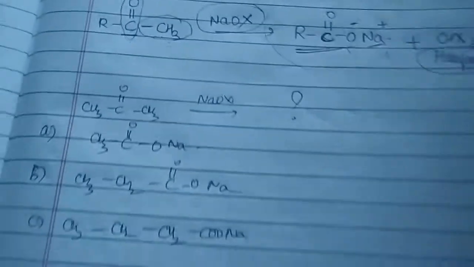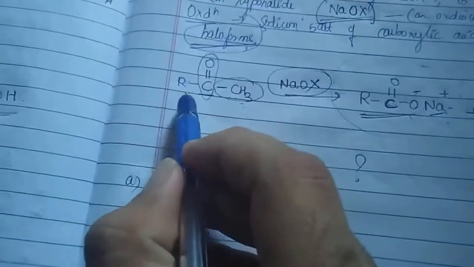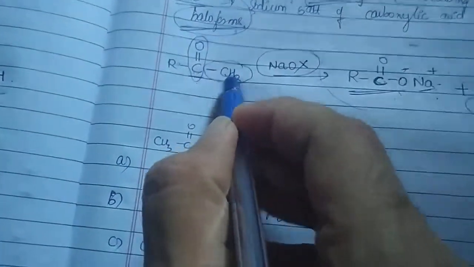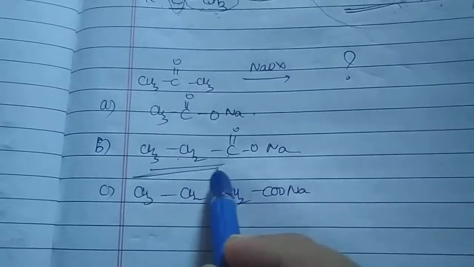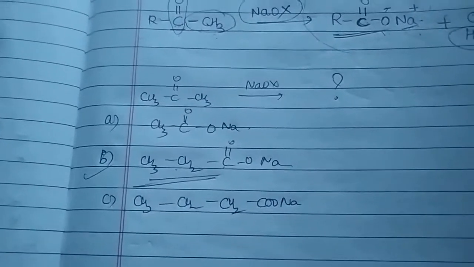So identify the product. You might think, okay, the reactant had 1, 2, 3 carbon atoms, and option B also has 1, 2, 3 carbon atoms, so this would be right. But that is wrong.